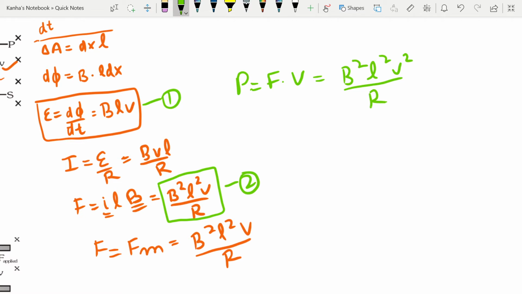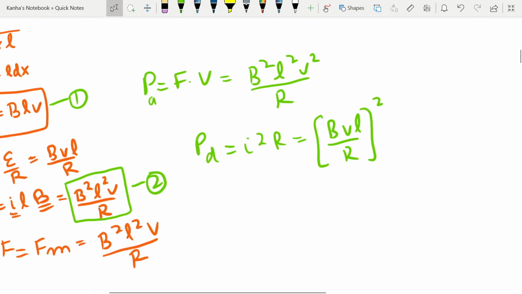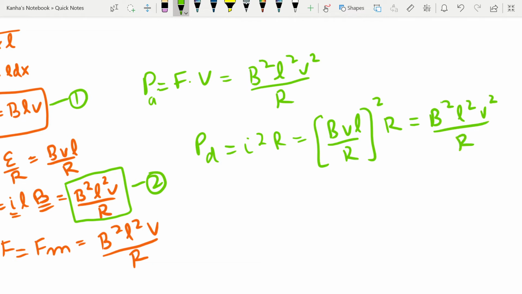And there is a rate of dissipation in the circuit as well because of the resistance. So I have P applied as this, and P which is dissipated, P_D, is equal to I square R. But we already know what the I is. If we just substitute, I find that (BvL by R) whole square into R is equal to B square L square v square by R. So what did we find?